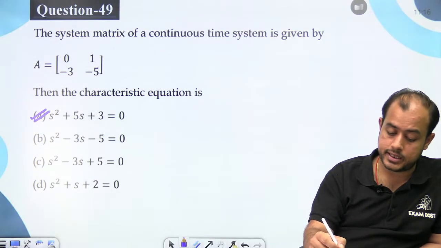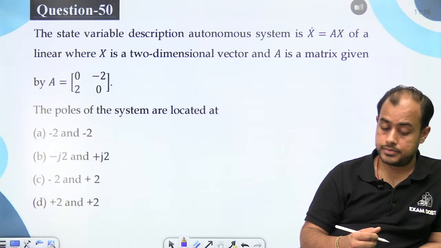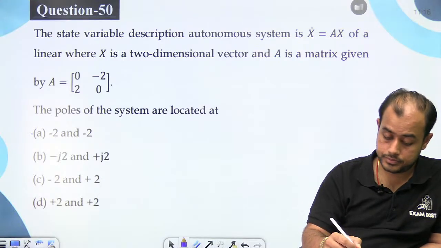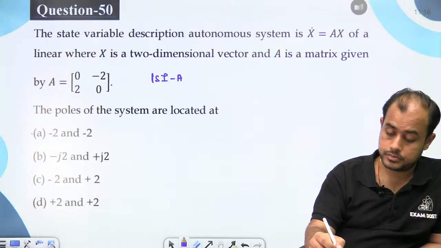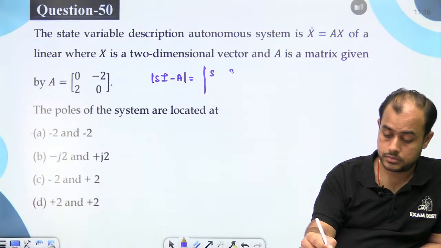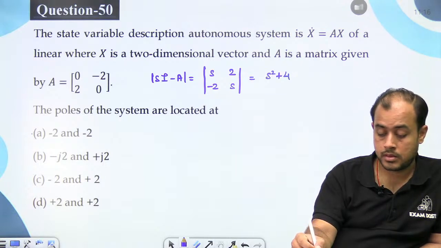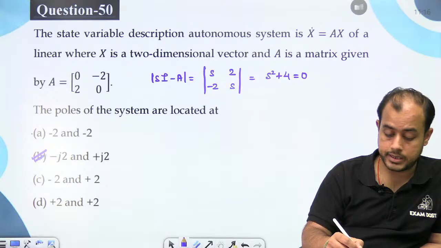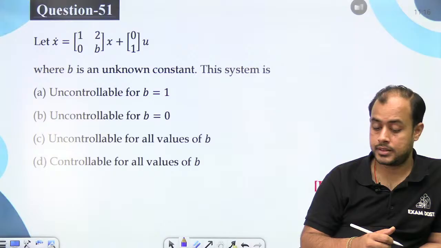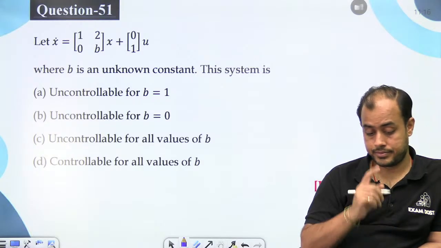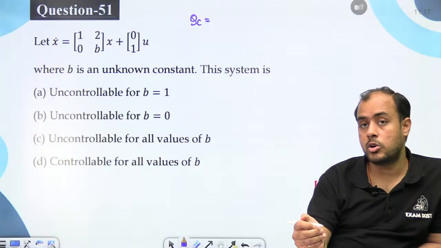कैरेक्टरिस्टिक इक्वेशन रिपीटेड. ESE 2010. So the answer is plus minus j2. ESE 2011. This system, it is asking about controllability.